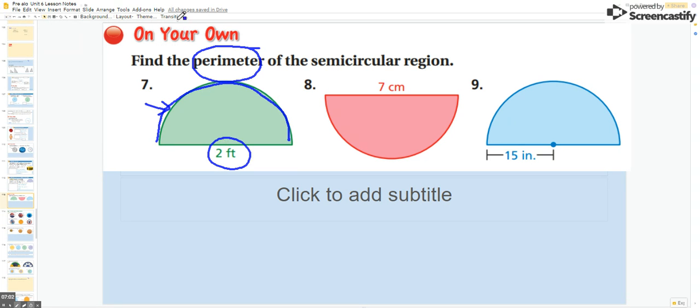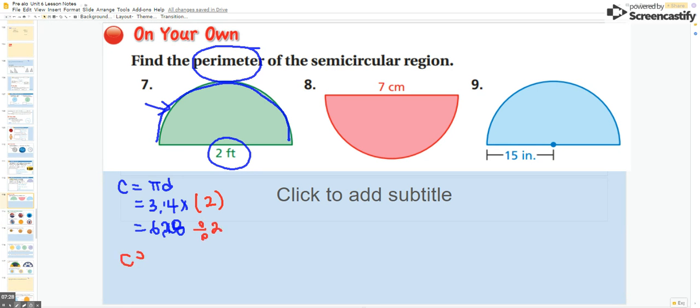Let's go over this. The answer for this: you need to find the circumference. Circumference is pi d, because we know the diameter. So I'm going to put 3.14 times 2. So the answer is going to be 6.28. And you're going to divide it by 2.